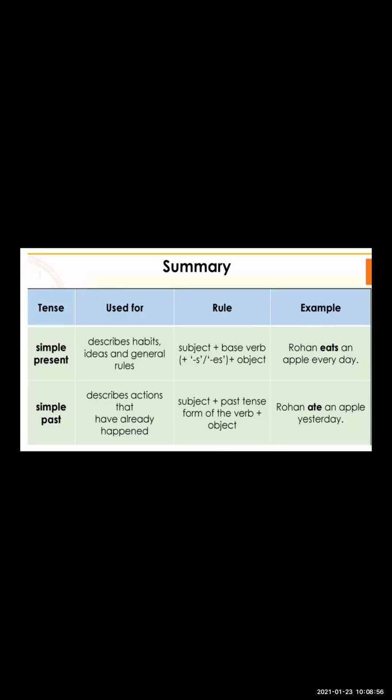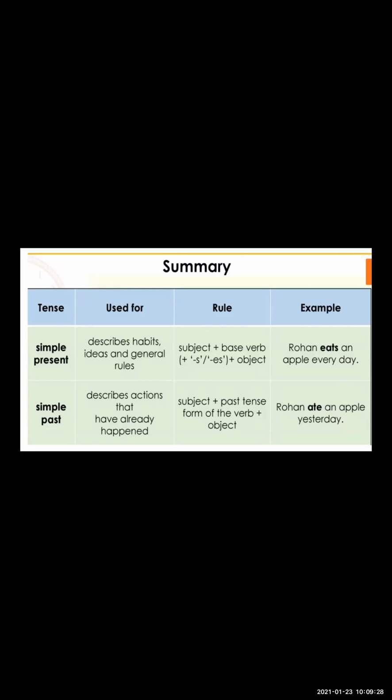That was the simple present tense. Now let's talk about the simple past tense. The simple past tense describes an action that already happened. Here you have to change the base verb into the past form.